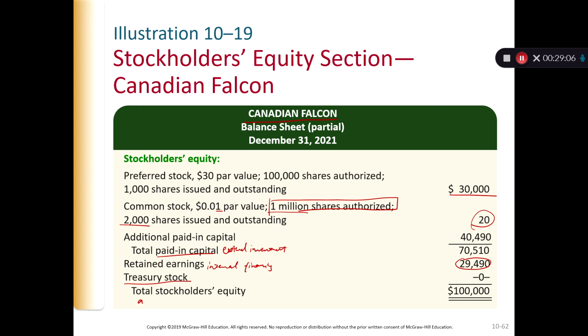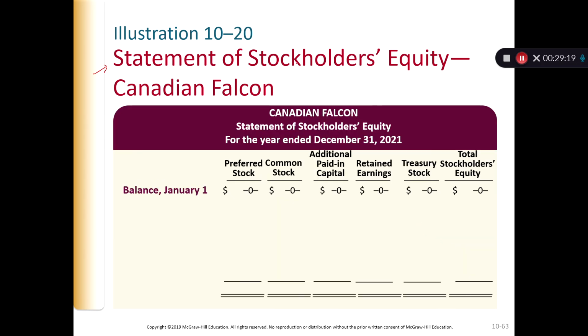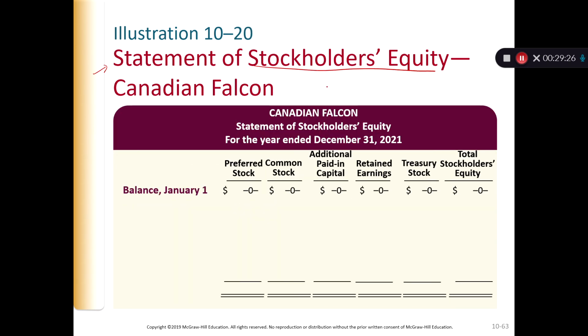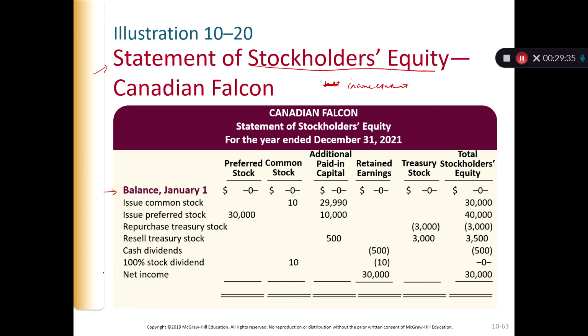This is at a point in time, meaning you took a picture of this company, and it stays that way, right? However, the statement of stockholders' equity is a different way. It's more like an income statement, because it describes what was before and what is now.